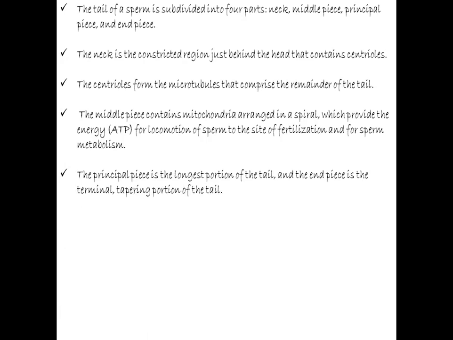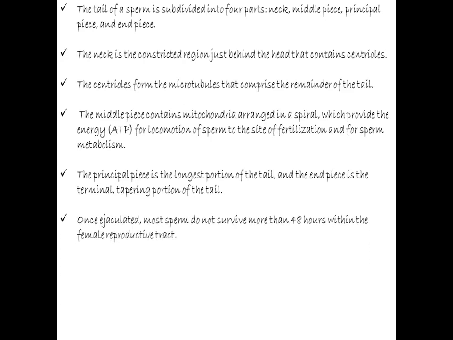The midpiece contains the mitochondria arranged in a spiral, which provides the energy for locomotion of sperm to the site of fertilization and for sperm metabolism. The principal piece is the longest portion of the tail and the end piece is the terminal tapering portion of the tail. Once ejaculated, most sperm do not survive more than 48 hours within the female reproductive tract.